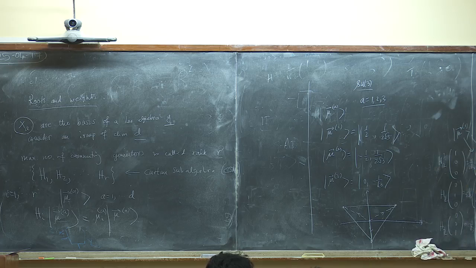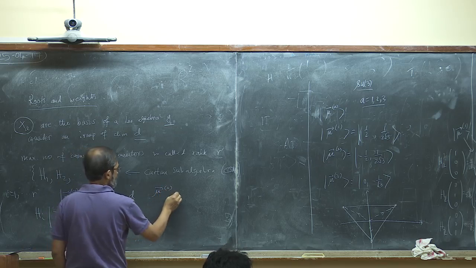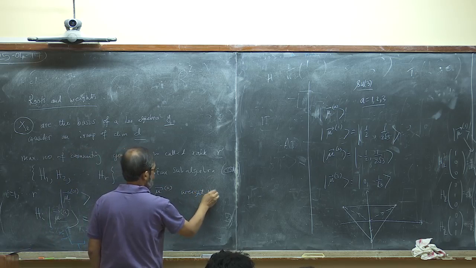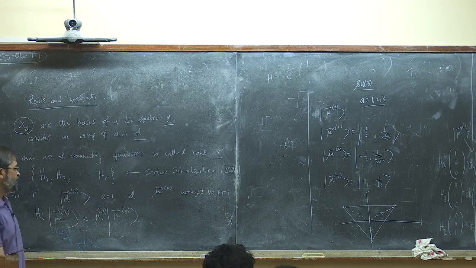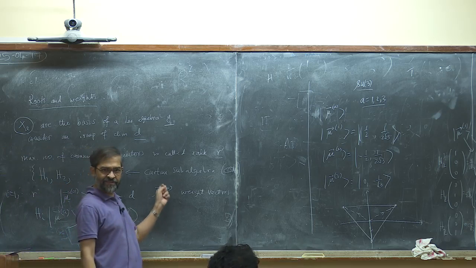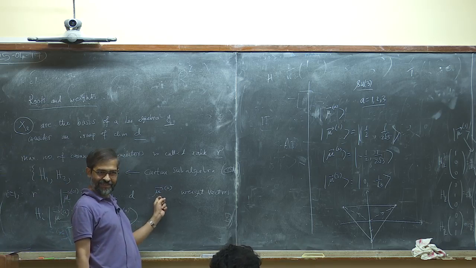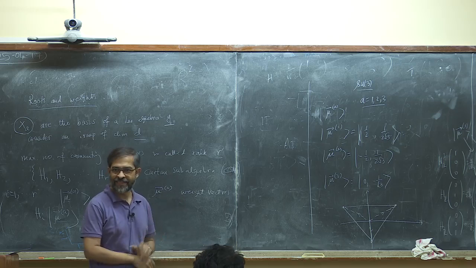So these things, this mu^A, are called weight vectors. The vectorness is ascribed to the i index, and this A is just a label.